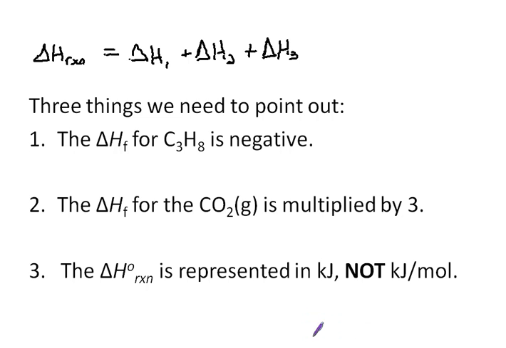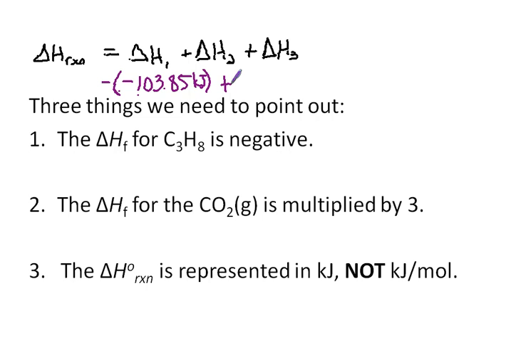So even though the formation of propane is a negative 103.85, we need to reverse that sign because we're breaking it apart. So we're going to make that negative 103.85.